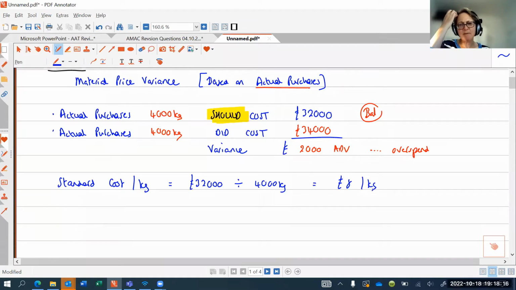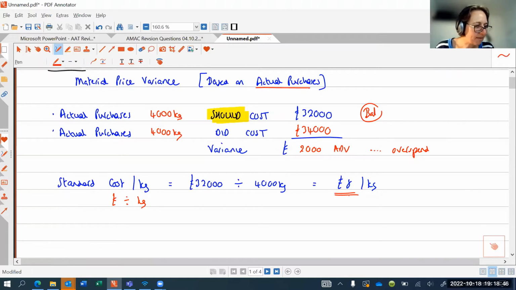And just a bit of a tip if you struggle with the maths for this: if we're looking for the price per kilogram or the cost per kilogram, the cost per kilogram is just like a division sign. So if you take the cost, as in the money, and then you divide by the kilograms, which is what we did here, you get the cost per kilogram. So the answer was 8.